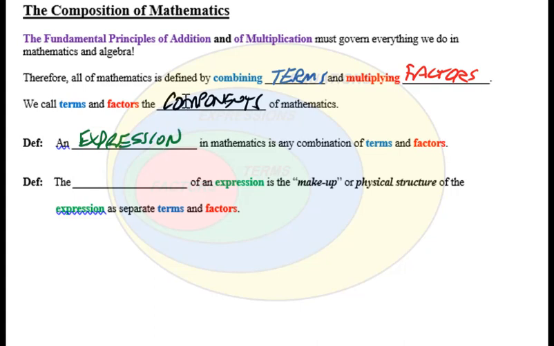Again, we're going to have to go through and define all this, but as long as I understand the makeup, then I'm only dealing with terms and factors. The composition of an expression is the makeup or physical structure of the expression as separate terms and factors. And again, this will be the first thing we learn in section 1.1.